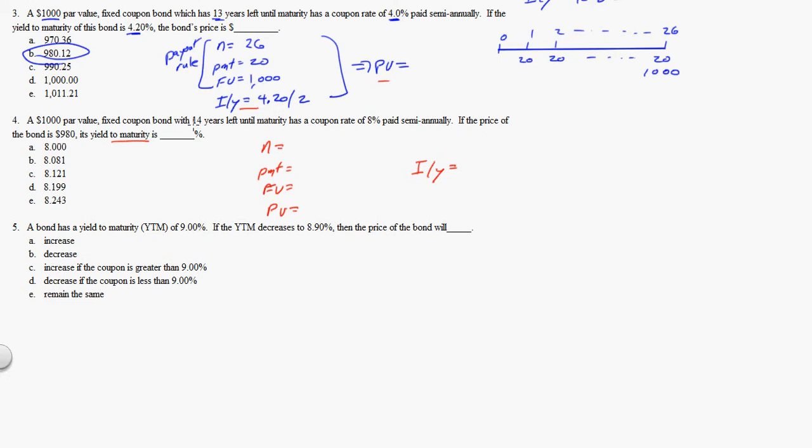So the payout rule is 14 years to maturity but pays semi-annually, so there are 28 payments. The par value is 1,000. It's an 8% coupon. 8% of 1,000 is 80 divided by 2 because it's semi-annual. That's $40. The present value, you have to make this negative, is 980.